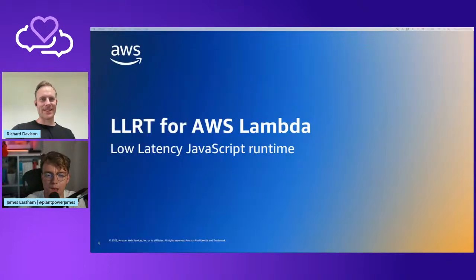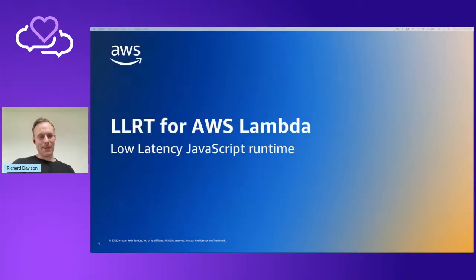Can we maybe bring up the screen share? Yes, here we are. So what I will talk about today is something I've been building on for quite some time now, I think a little over 1.5 years. And this is LLRT for AWS Lambda.